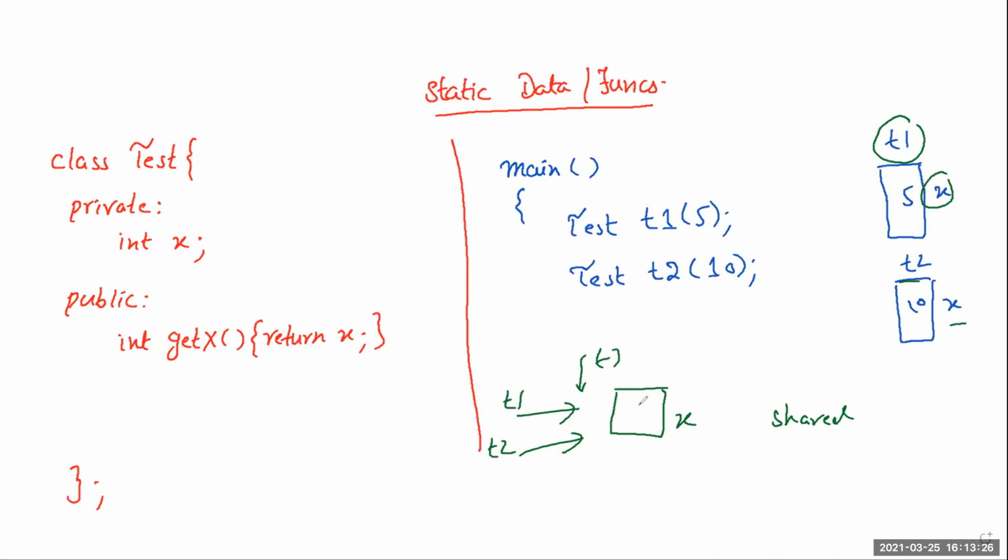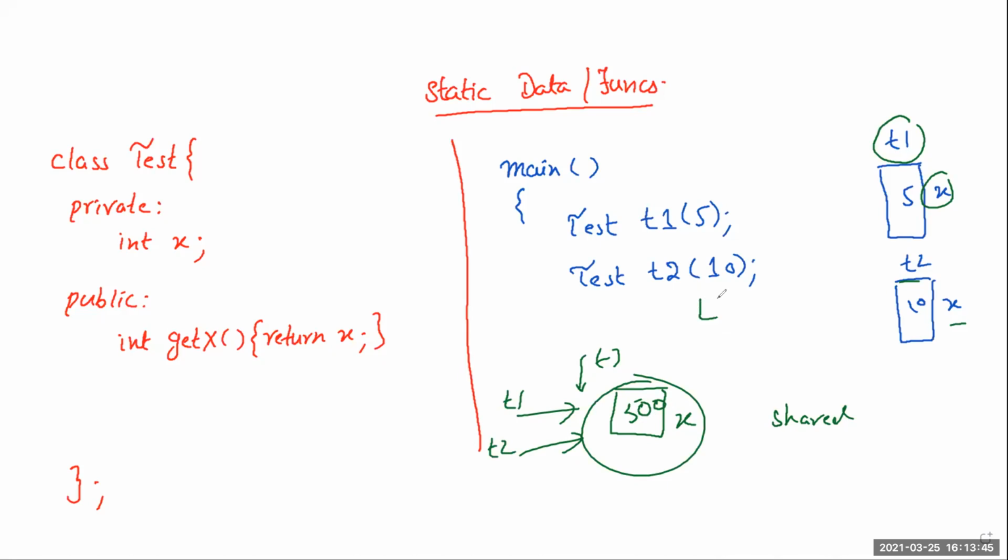When we say shared, what does it mean? Suppose the initial value was 5. t3 changes the value of x, so the same x will become 50 if t3 multiplies it by 10. When t2 changes the value to 500, the same location is modified, right?